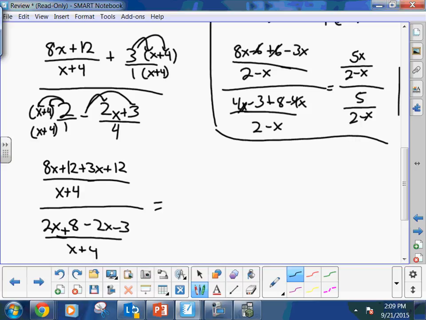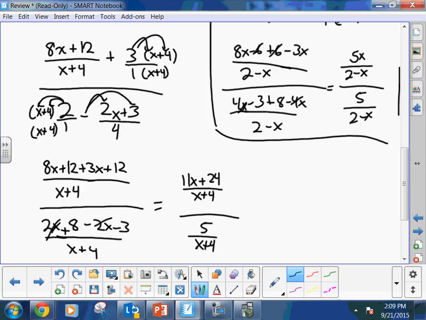Now these are going to add, and these are going to add. So I'm going to have 11x plus 24 over x plus 4. And the denominator, these will cancel out. I should be left with 5x plus 4.